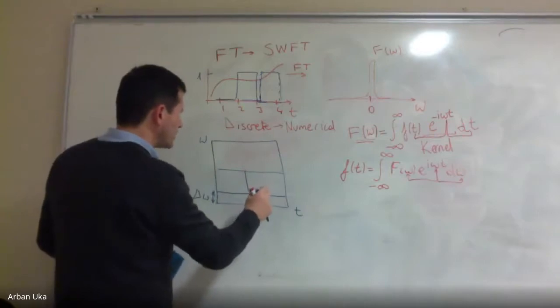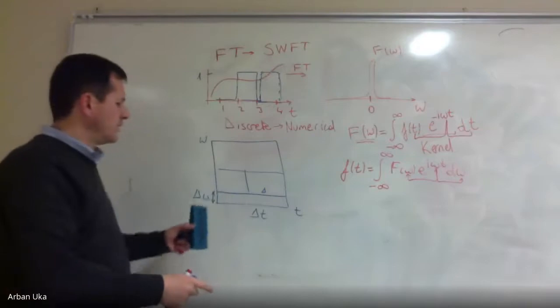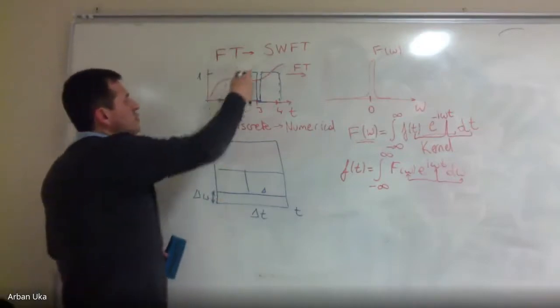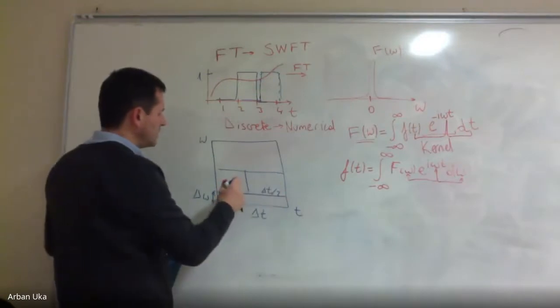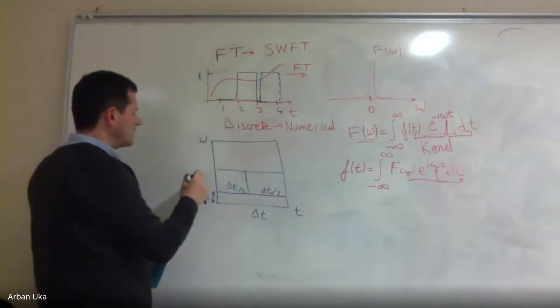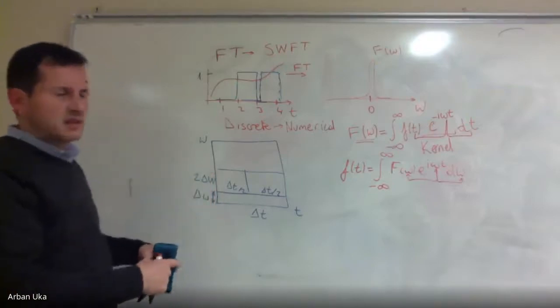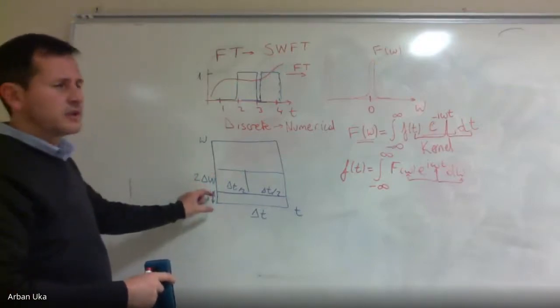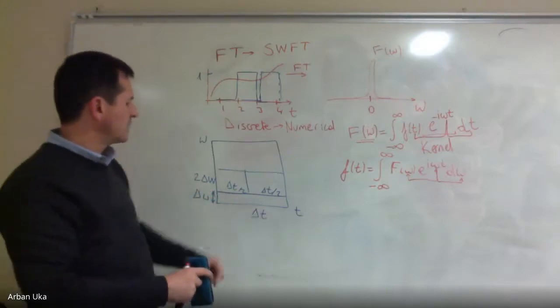What is delta t here? It is the whole time, from 0 to 4. But applying a short window Fourier transform, we get here delta t over 2, and here delta t over 2, and here we get 2 delta omega. Assuming that delta omega is the initial bandwidth that we obtain when we integrate over the whole term.